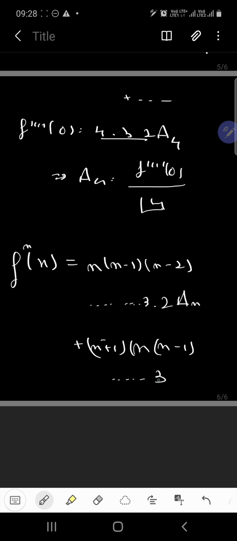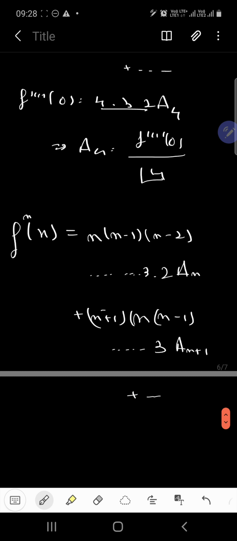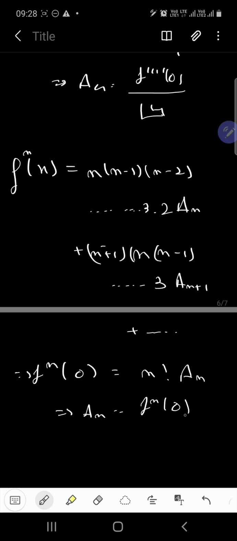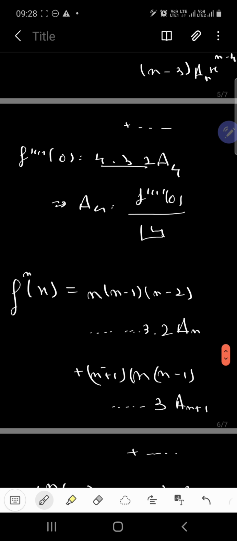From here you get f n 0 equals n factorial an. That means your an is actually f n 0 upon n factorial. Got it?